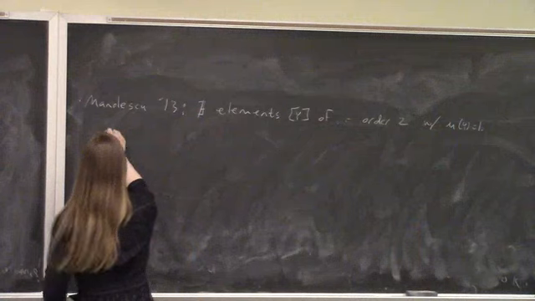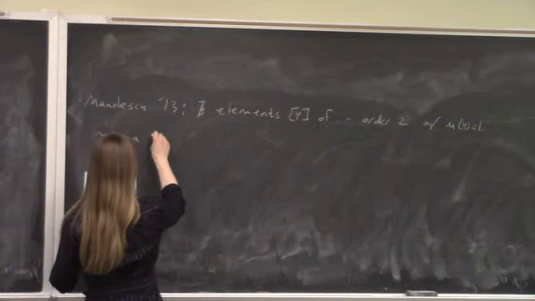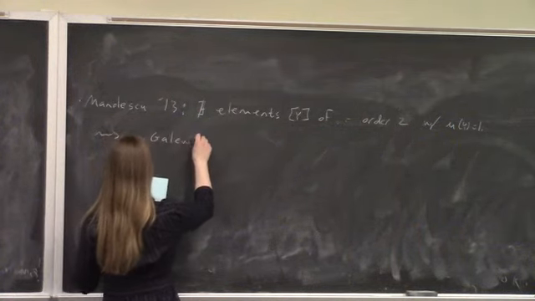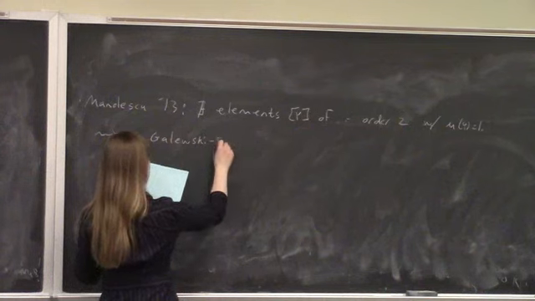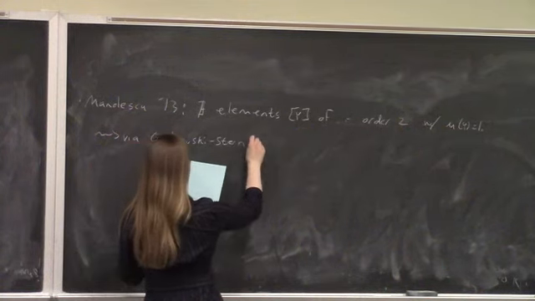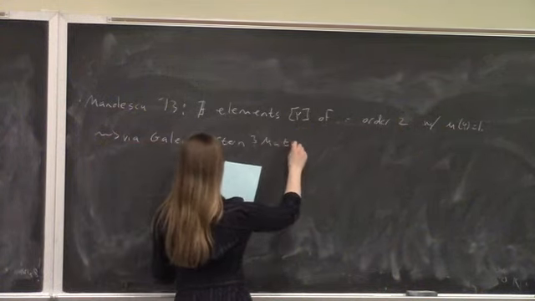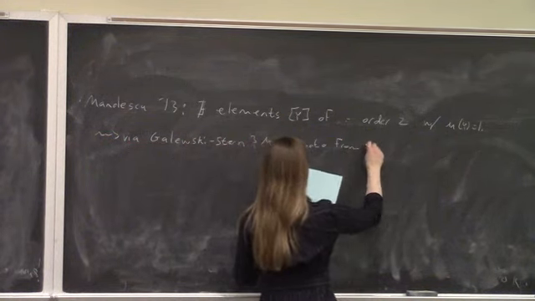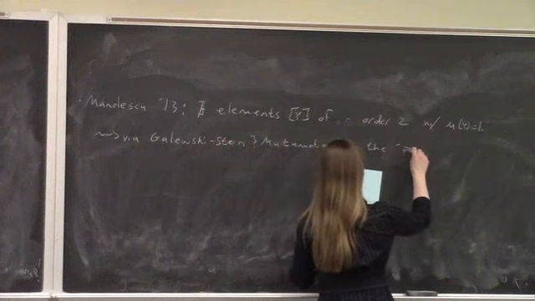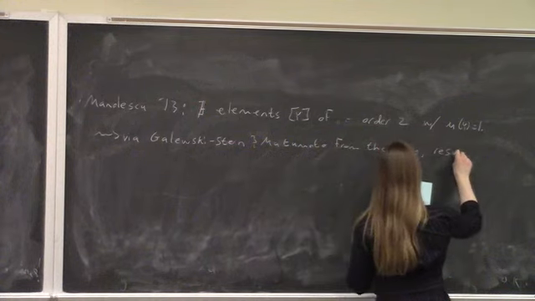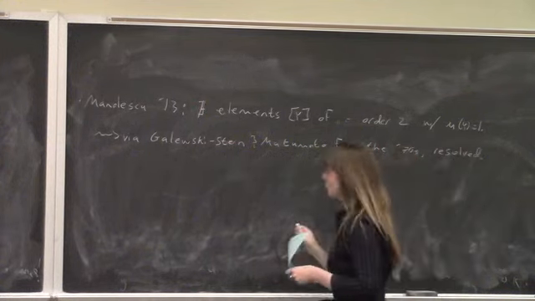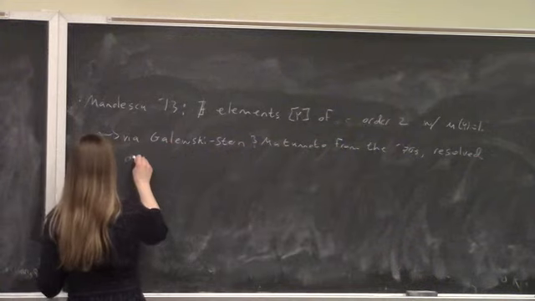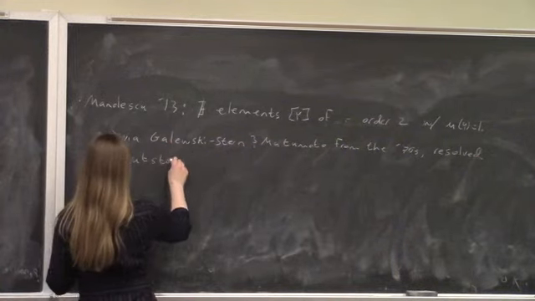Why is this a thing you would want to show? Because via previous work of Galewski, Stern, and Matumoto from the 70s, this resolved what were at the time the outstanding cases of the triangulation conjecture.